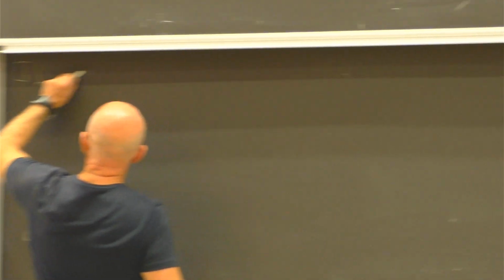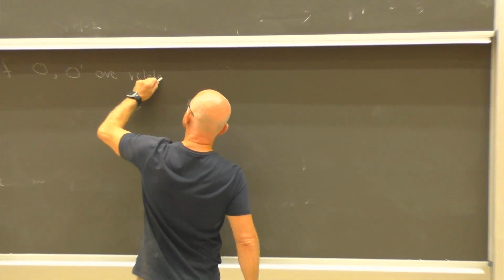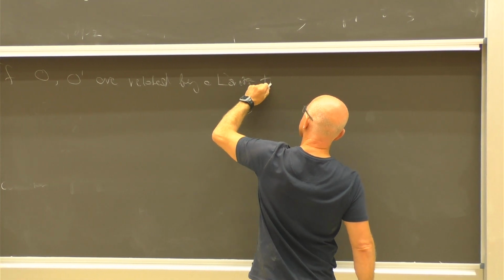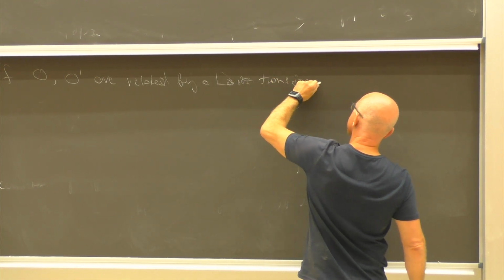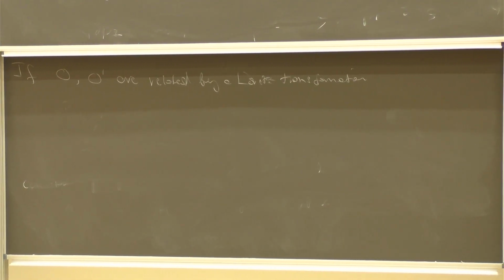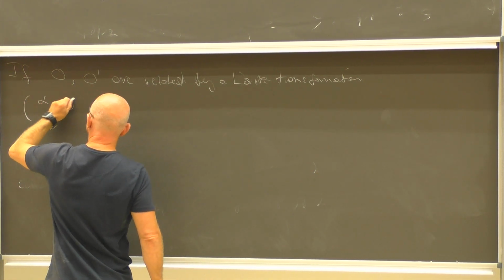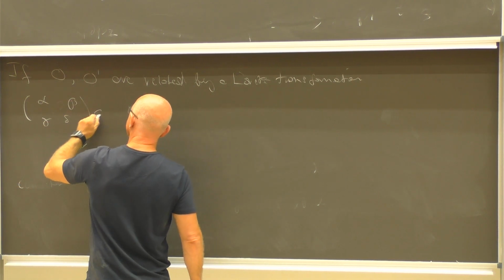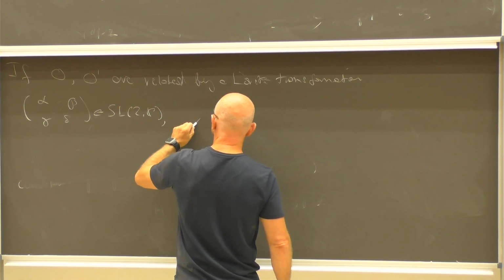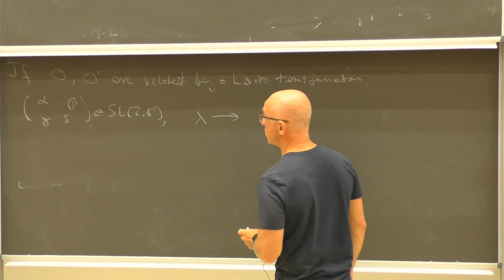If O and O prime are related by a Lorentz transformation, and this Lorentz transformation is represented as an SL2C matrix, alpha, beta, gamma, delta, then you'll find that the transformation between the celestial spheres is what's called a Mobius transformation.